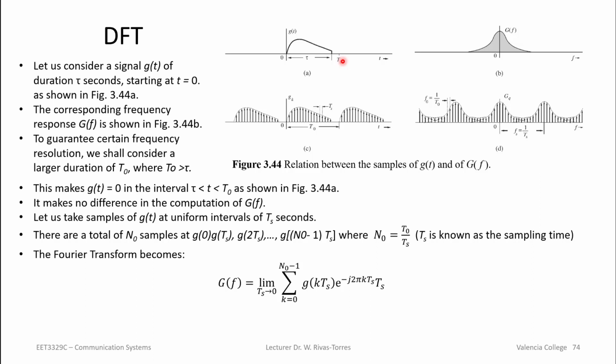And the Fourier transform, because this is all discrete, now becomes this expression that we have here. Okay, everything is discrete, and we approximate, or we get closer to G of f, as the limit of Ts, the sampling time, gets smaller and smaller and smaller. Okay, as it goes to 0.